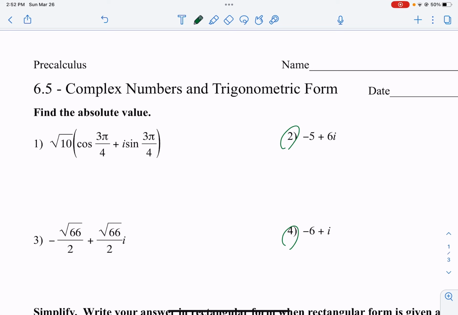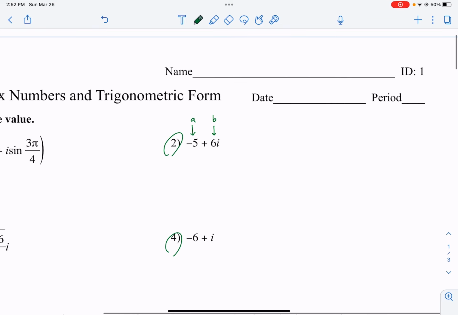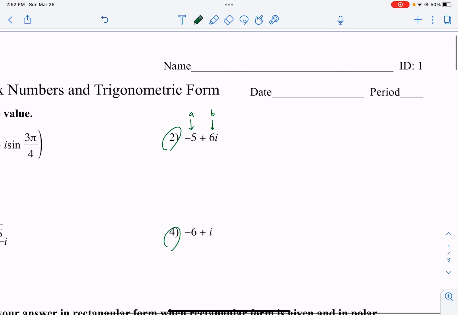For rectangular form, you want to recognize your a and your b. And we learned, I think in 6.5, that if you're taking the magnitude of a plus ib, sometimes you see it as bi or ib, it doesn't really matter which order, the formula is the square root of a squared plus b squared.